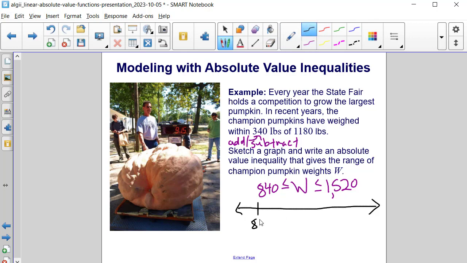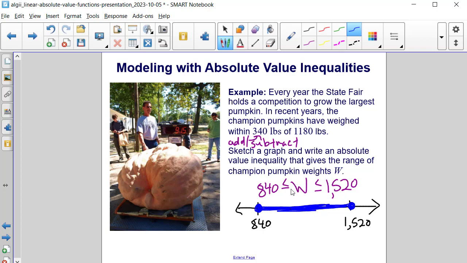We have 840 and 1,520. We have both endpoints included, and we are shading in between because our weights could be equal to each endpoint or lie in between.